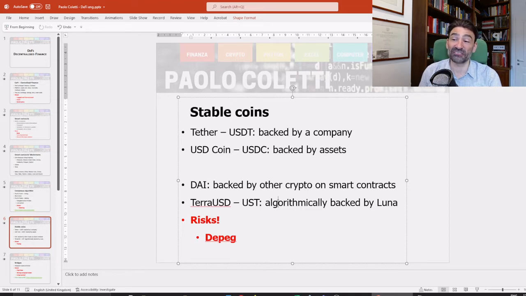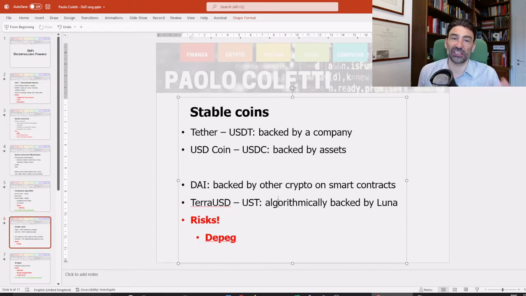The mechanism is extremely interesting. There is a smart contract inside the Terra blockchain, which is not a typical smart contract built on the blockchain. It is built inside the blockchain, and does the following. Whenever a user arrives, the smart contract exchanges one Terra USD for an equivalent amount of Luna, looking at the price of Luna on the major exchanges.